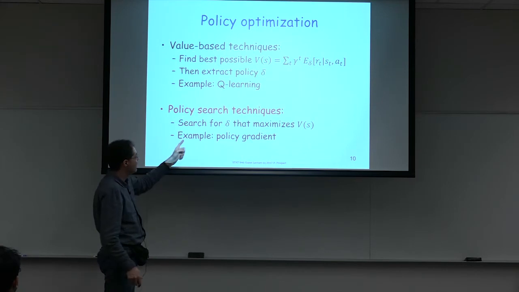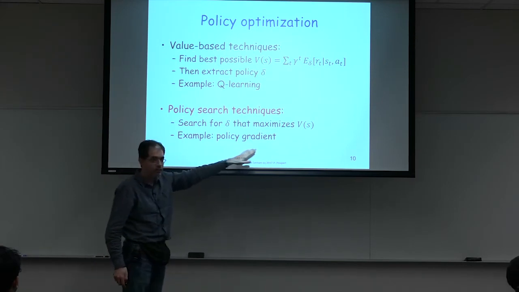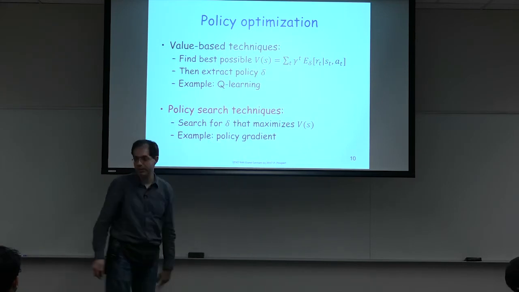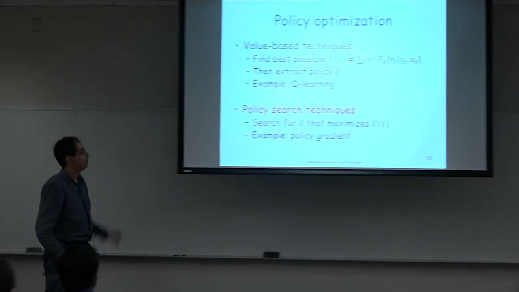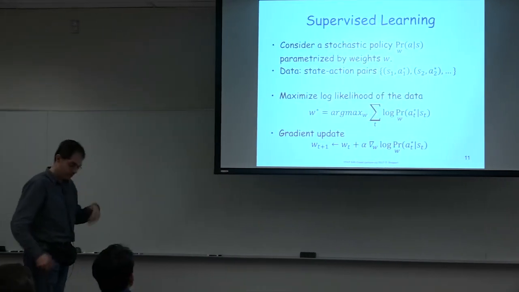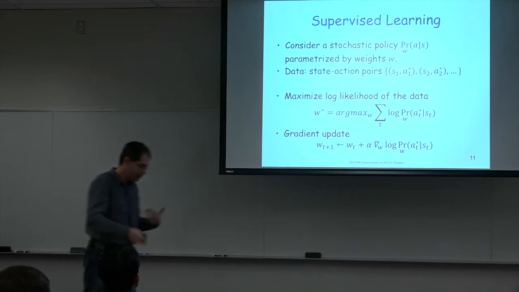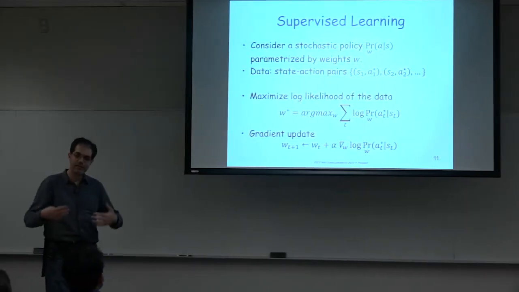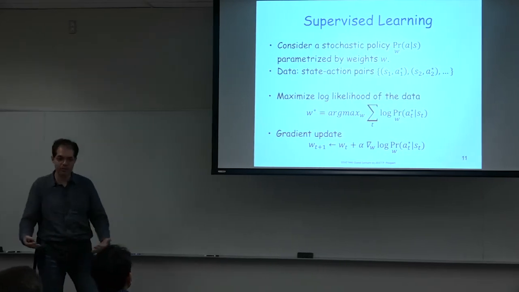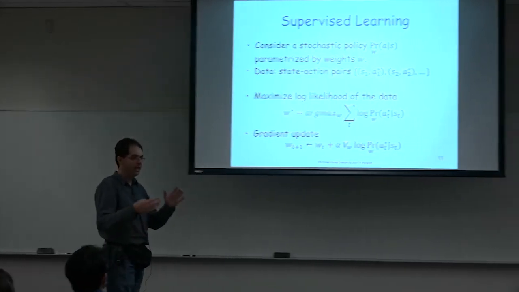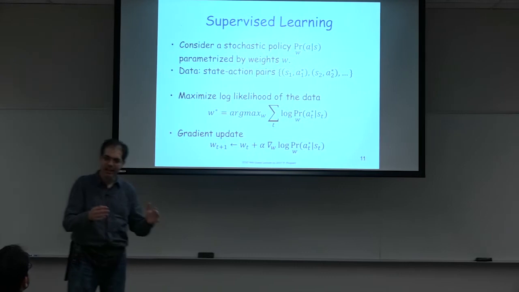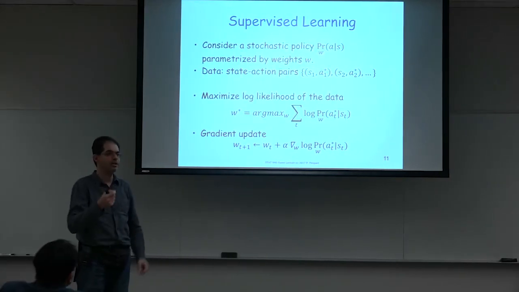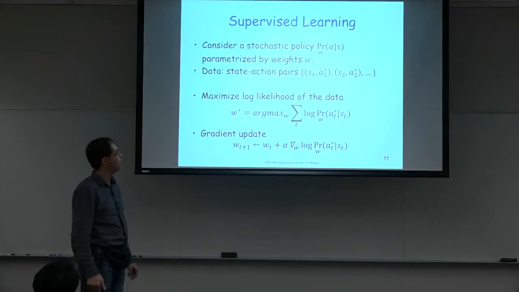Okay, again, I will focus only on this set of techniques for this lecture, just in the interest of time. And in particular, the technique that we're going to cover today is known as policy gradient. Okay, so the reason why policy gradient is a good way to start is simply because if you're already familiar with supervised learning, we're going to see in a moment that a policy gradient technique is actually just one small tweak compared to supervised learning.